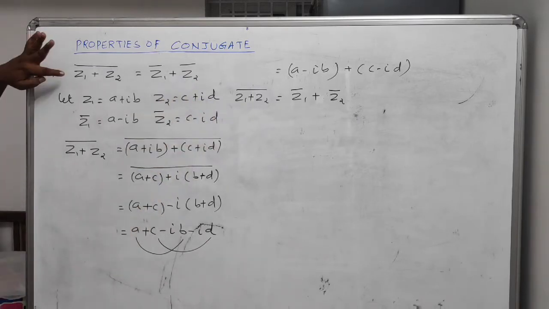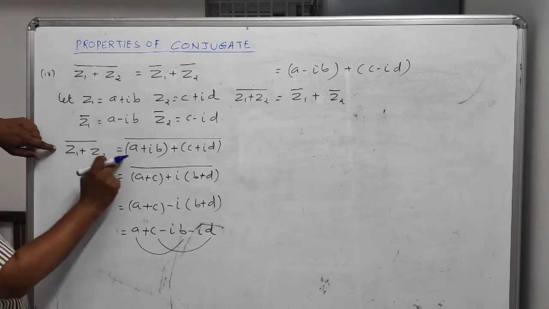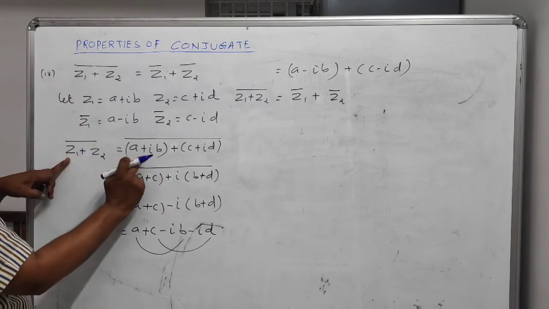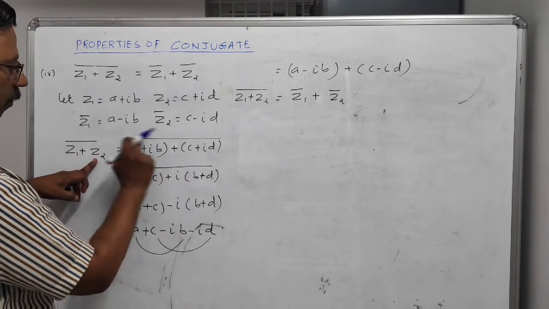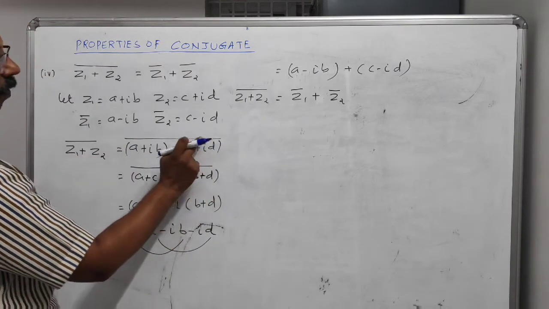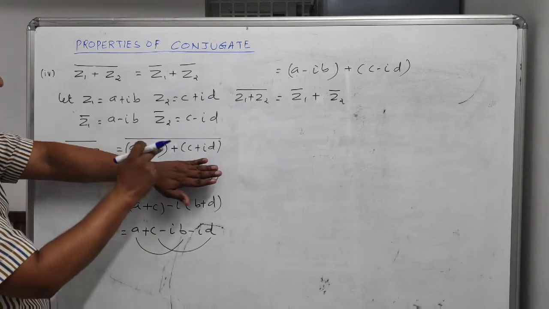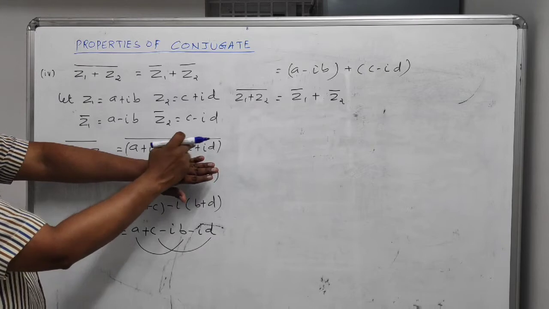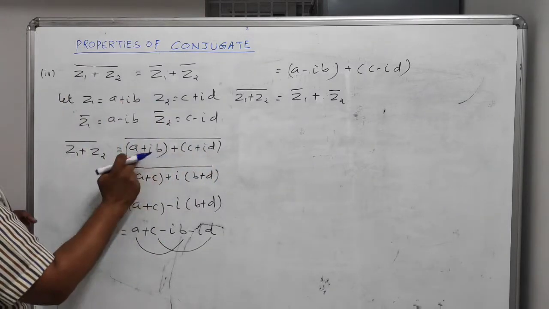Now for this proof, consider the left hand side, Z1 plus Z2 whole bar. Z1 plus Z2 whole bar is equal to, first we write Z1, a plus ib, plus, what is Z2? c plus id. Further you have to conjugate. Whenever you want to take the conjugate, the number must be in rectangular form. Here we have two imaginary units. Therefore, first try to bring these into rectangular form by adding these two complex numbers.